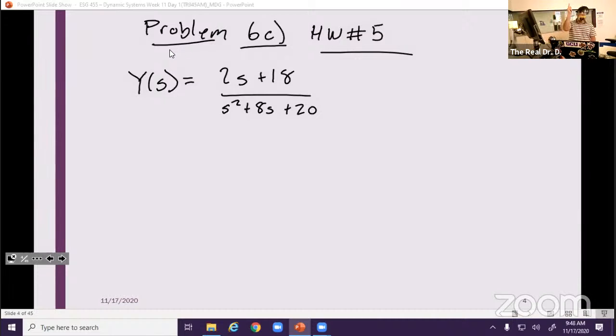First step that we always want to do as soon as we get one of these is check the roots, right? We always want to check the roots. So if we check the roots, what do we get? What are the roots of the denominator?